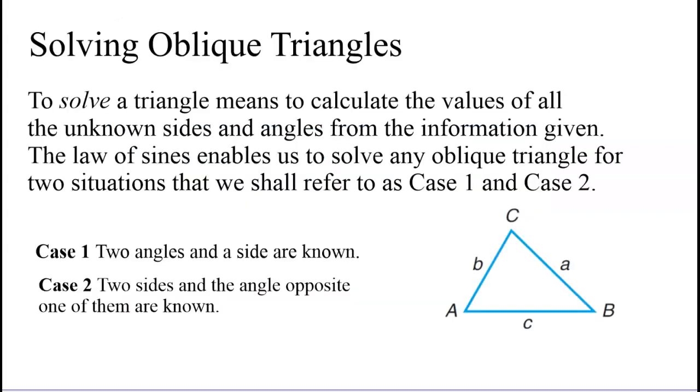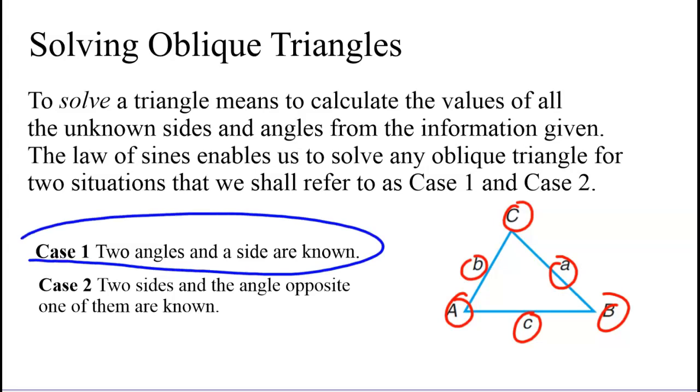In solving the oblique triangle, what it means to solve the triangle is basically to figure everything out. We want to figure out all the angles and all the sides. To do this, we want to look at the type of triangle it is. There are actually four cases, but we'll look at two cases here. Case one is when two angles and a side are known.